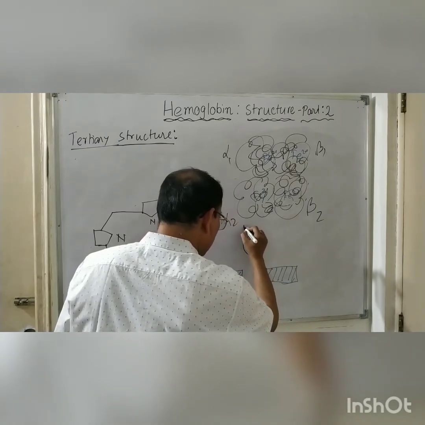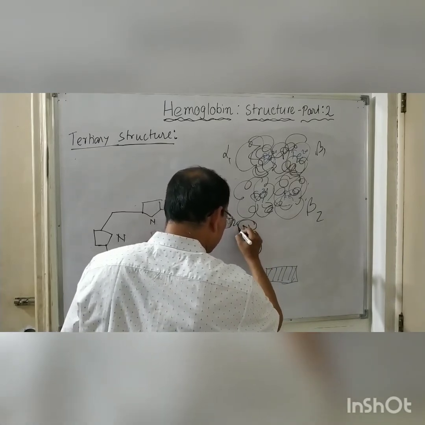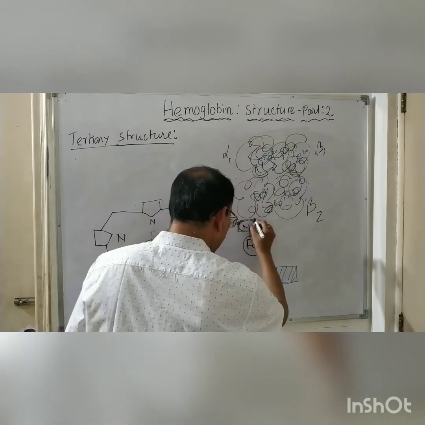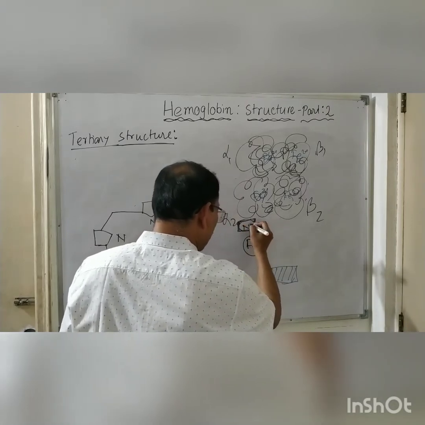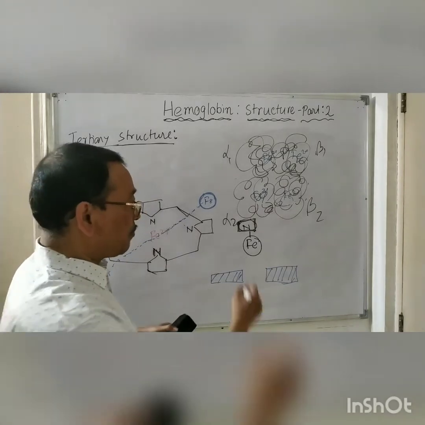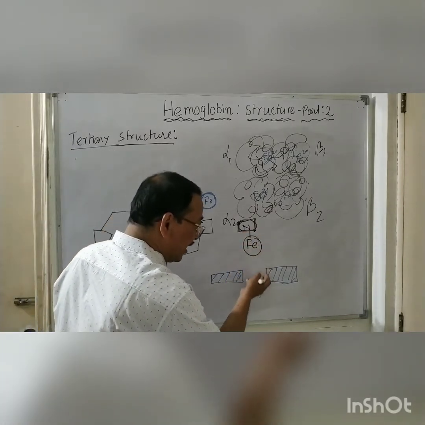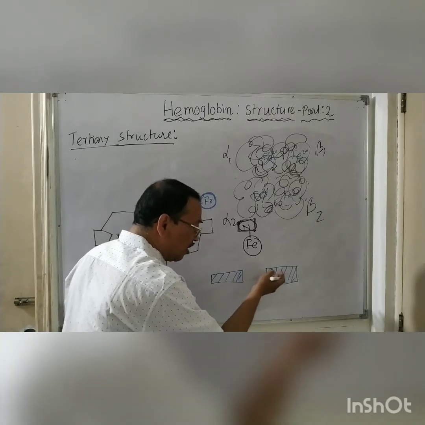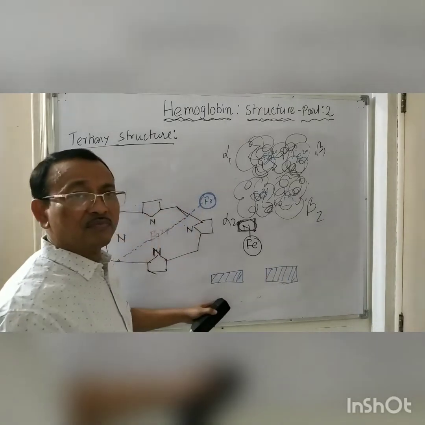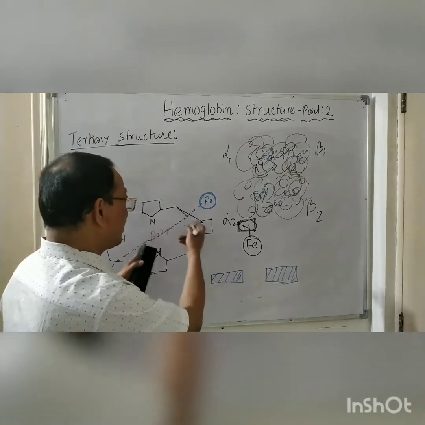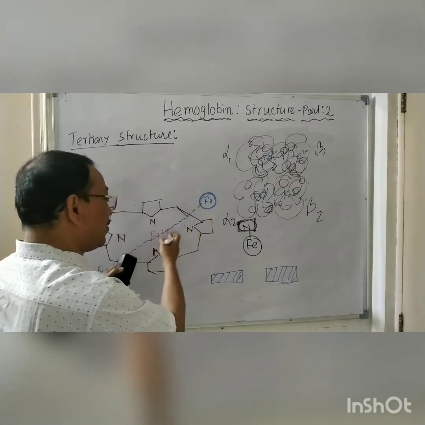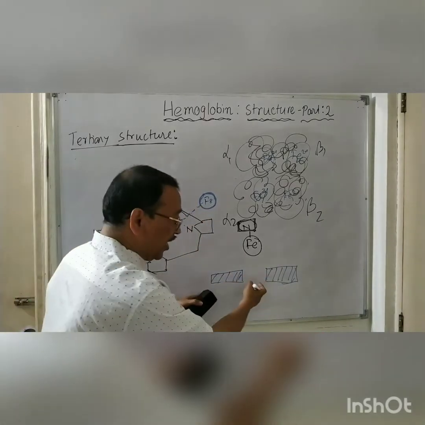Here are the nitrogens of the tetrapyrrole ring or the pyrrole ring. So this ferrous ion is not exactly at the plane of the heme ring. It is not exactly at the F8 E7 heme plane.